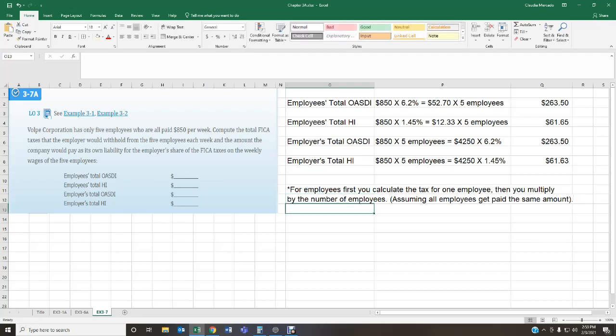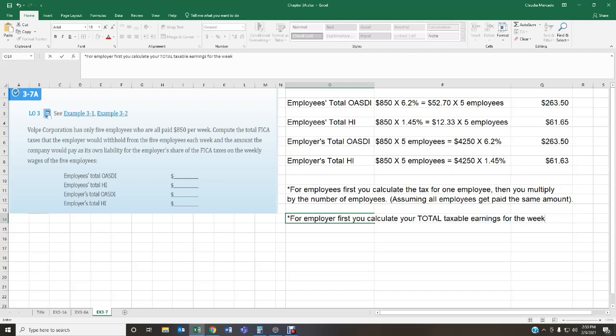Now for the employer, first you calculate your total taxable earnings for the week, then you multiply by the tax rate.